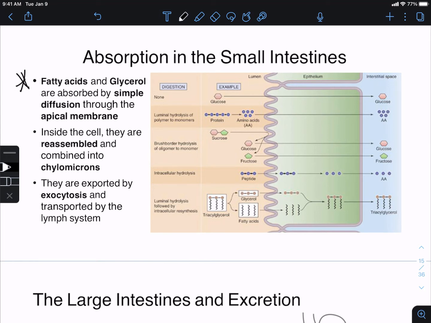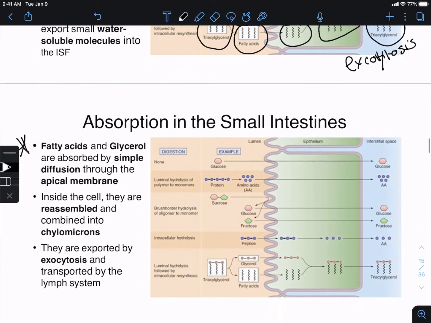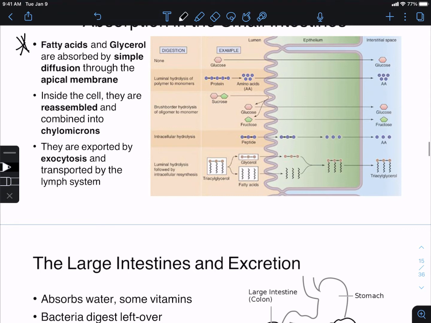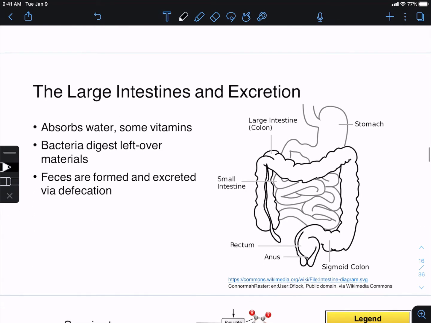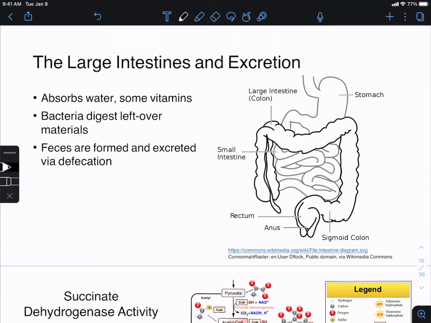Here I talk about the fatty acids in the apical membrane. Up here I'm talking about the difference between the proteins on the apical membranes and the basolateral membranes, and you're going to want to understand that because it certainly becomes important as we go through just our understanding of physiology and how we move things and how we maintain homeostasis.